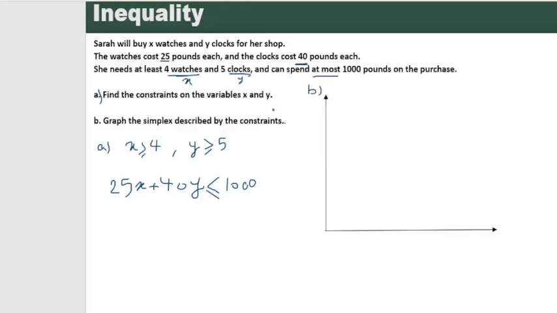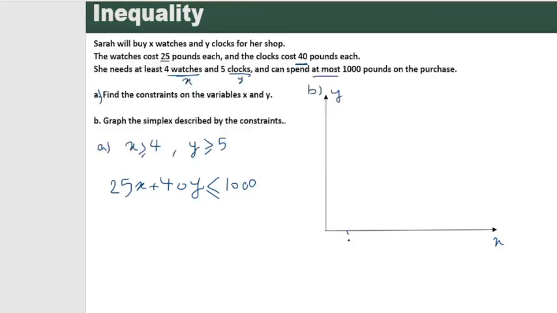For part B, it says graph the region described by the constraints. With the horizontal axis x and the vertical axis y, x should be at least 4.